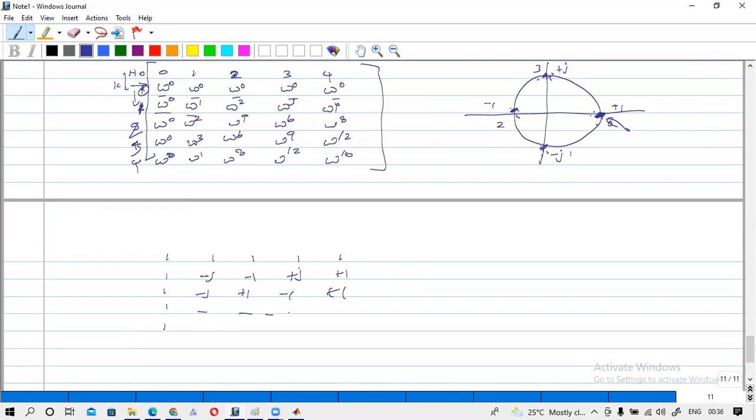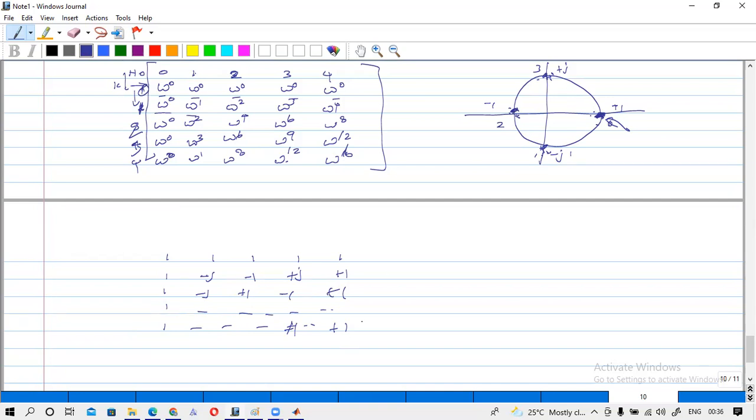Likewise, you can calculate all the values. And W12 will be 0, 1, 2, 3, 4, 5, 6, 7, 8, 9, 10, 11, 12. It will be +1. So this W12 will be +1. And W16 will be 0 through 16.